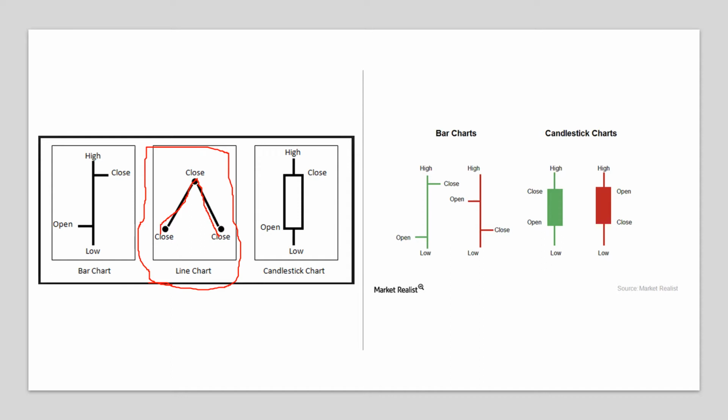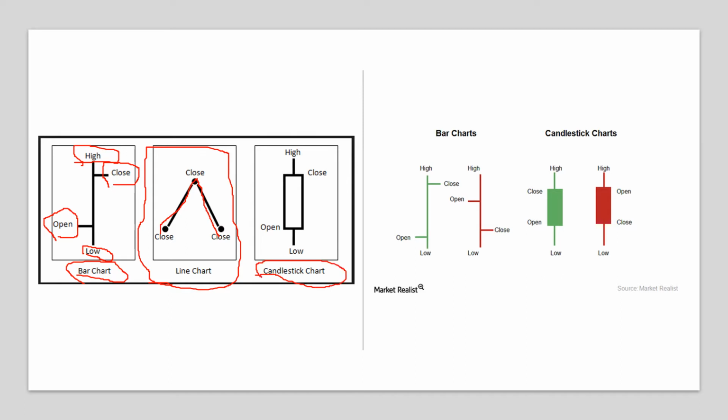Now the bar chart will show you the opening price. It will show you how low it got in that particular hour, how high the price rose that particular hour, and also the closing price for that particular hour. And then here you have your candlestick chart, which basically will tell you the same thing as a bar chart.